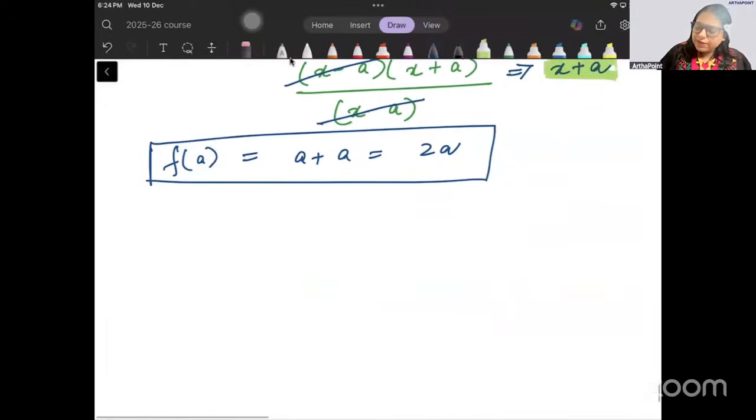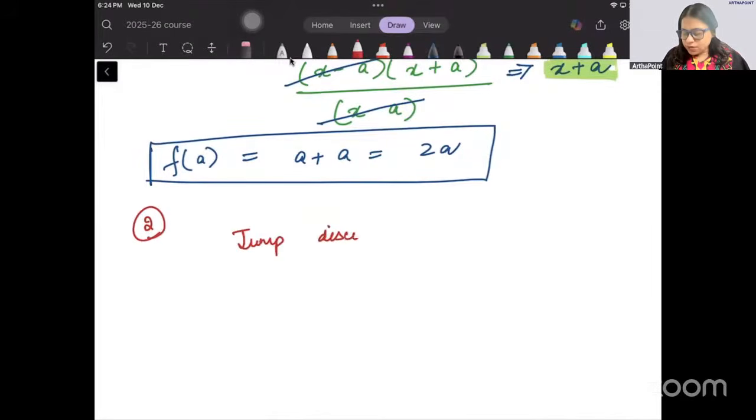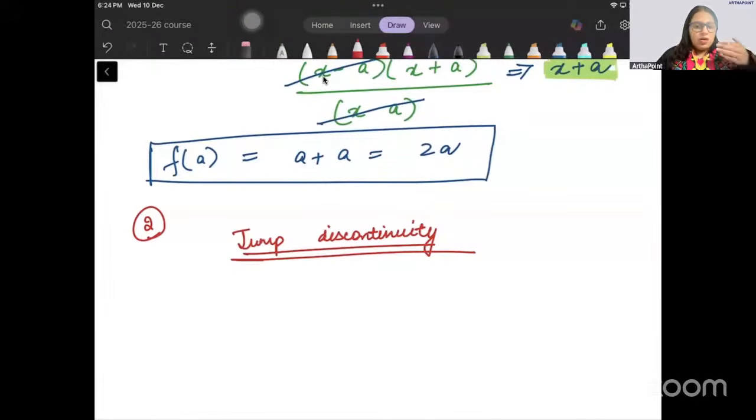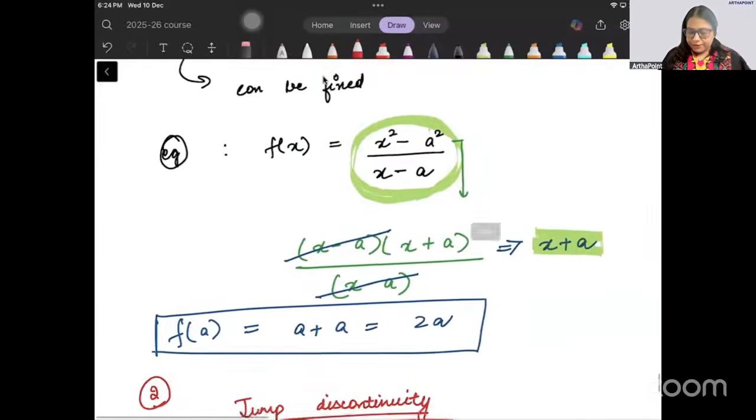The second one that we have is called jump discontinuity.